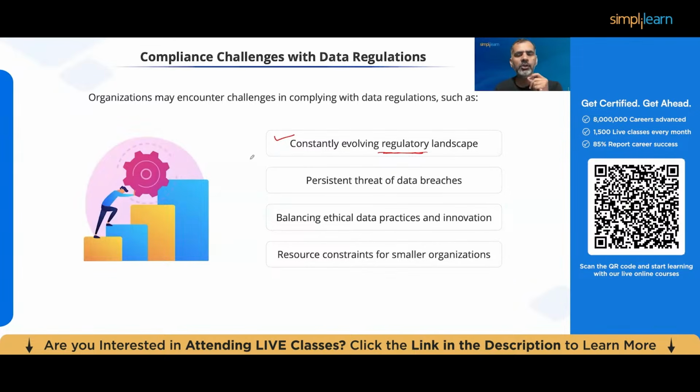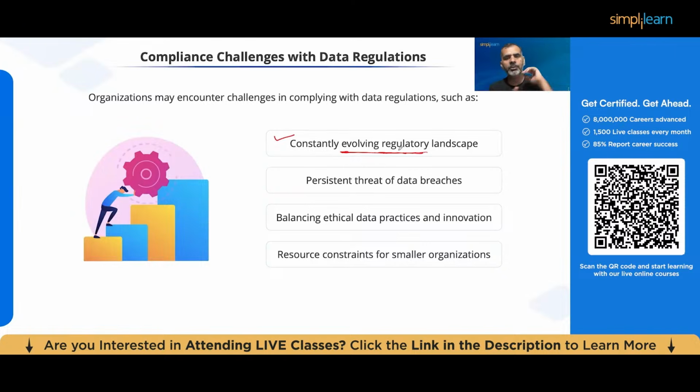So you need to harden your rules periodically. That means you have to evolve the regulatory landscape. When the landscape evolves, you have to change your whole data storage policies. You have to change your data schemas, and this is one of the challenges faced by small organizations.